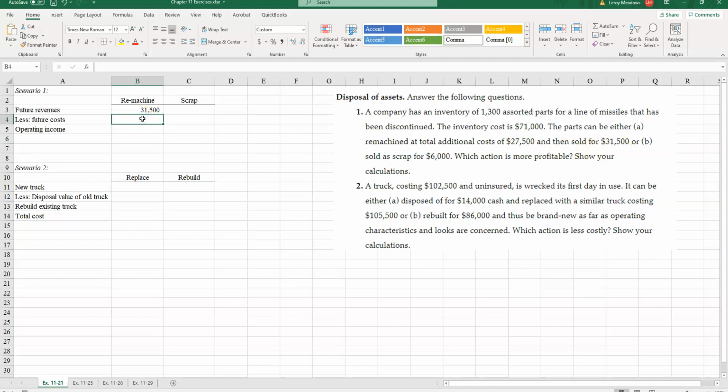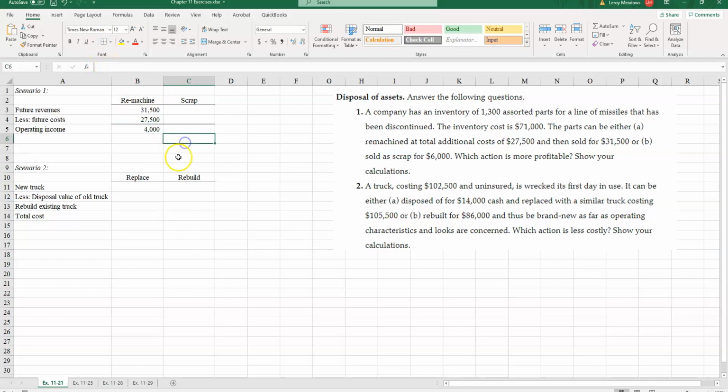So I take my future revenues, the additional revenues, and subtract from that any costs incurred to generate that revenue. In this case, I need to generate an additional $27,500 worth of costs in order to make $31,500 worth of revenue. So future revenues minus future costs gives me operating income of only $4,000.